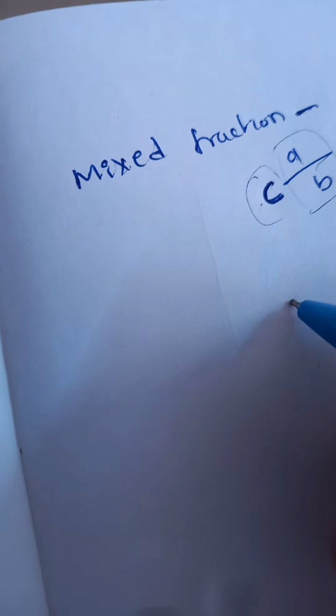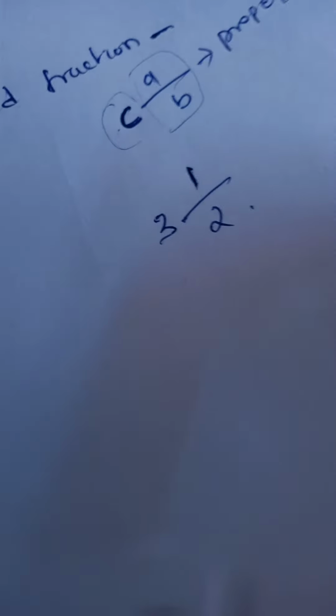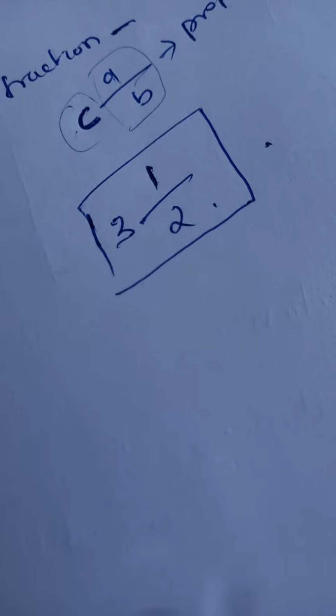What is a proper fraction? The numerator is smaller than the denominator. Now we can write it as c, a by b. This is c, a whole number, and a fraction which is a proper fraction. For example, we can take 3, 1 by 2. This is a type of mixed fraction.